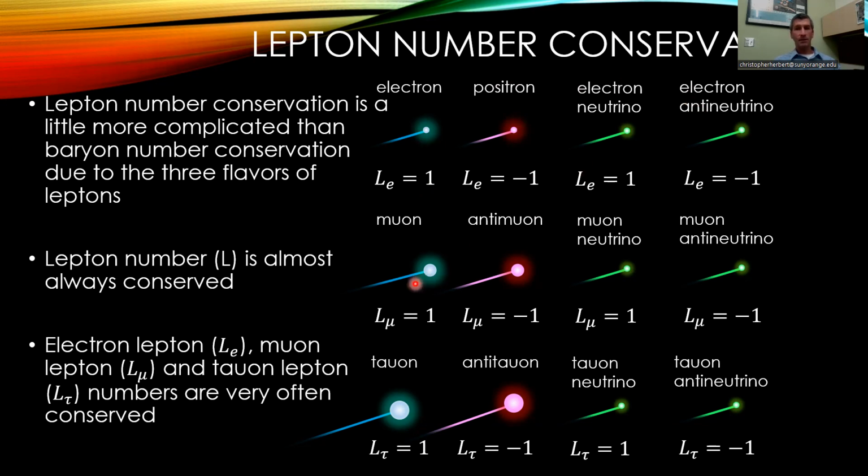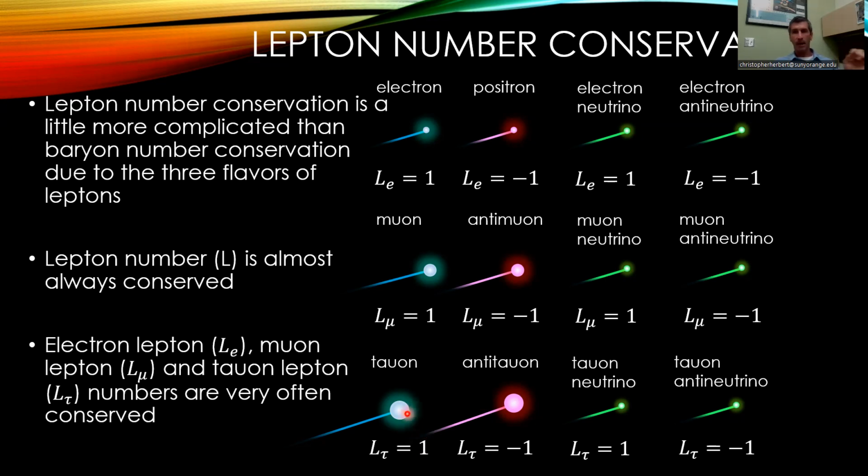Of course, we have the heavier cousin to the electron, the muon. The muon has a lepton number of 1, but it also has a muon lepton number of 1. Its antiparticle, -1. And we can even go up to the tau or the tauon, that has its own number associated with it.